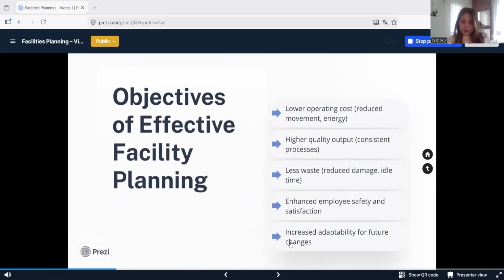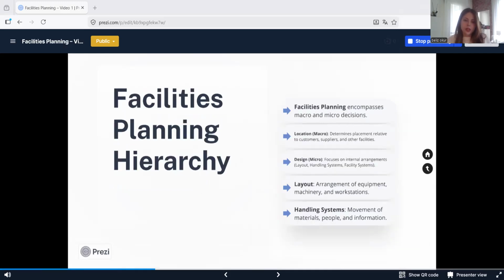To get there, we have to look at the facility planning hierarchy. This is how we break down the big decisions. At the very top, we have the macro decision, which is your location. Where is this facility going to live relative to your customers and suppliers?